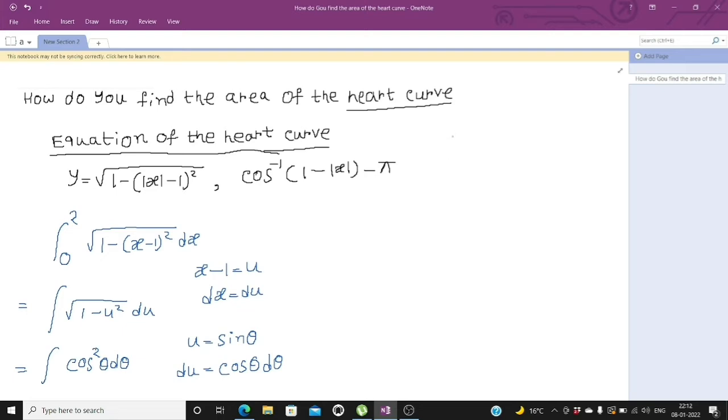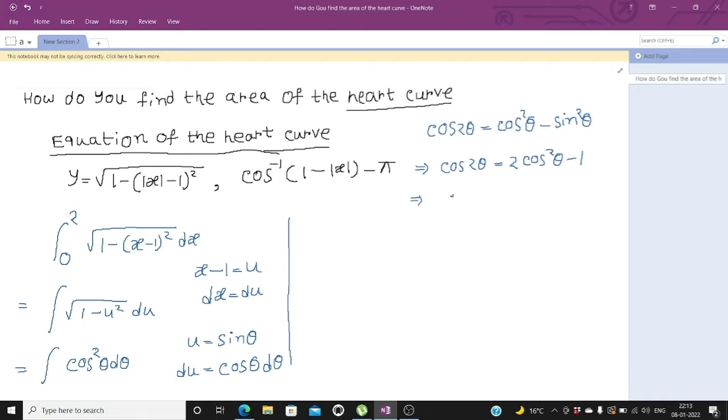Now, we know a result from trigonometry, and it goes like this. Cos 2 theta equals cos square theta minus sine square theta. If you make some adjustments, cos 2 theta in terms of cos theta is 2 cos square theta minus 1.